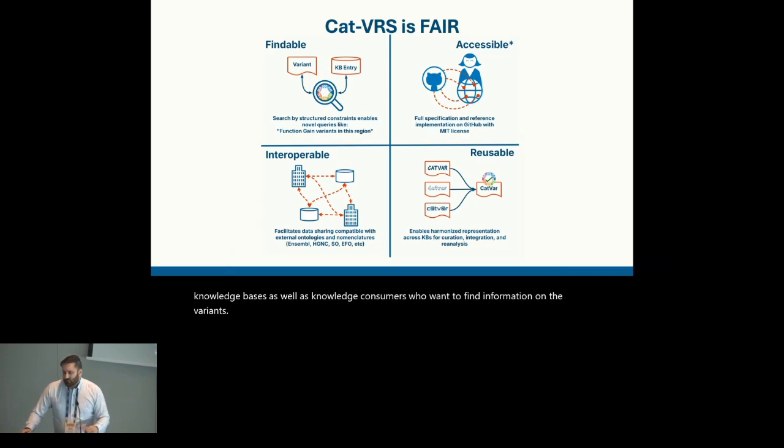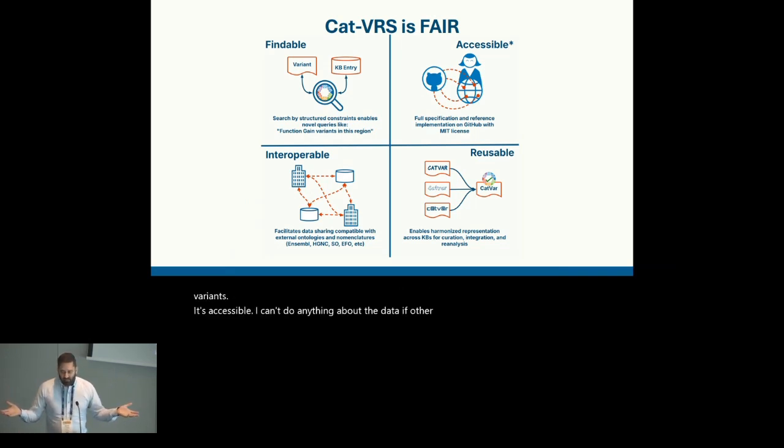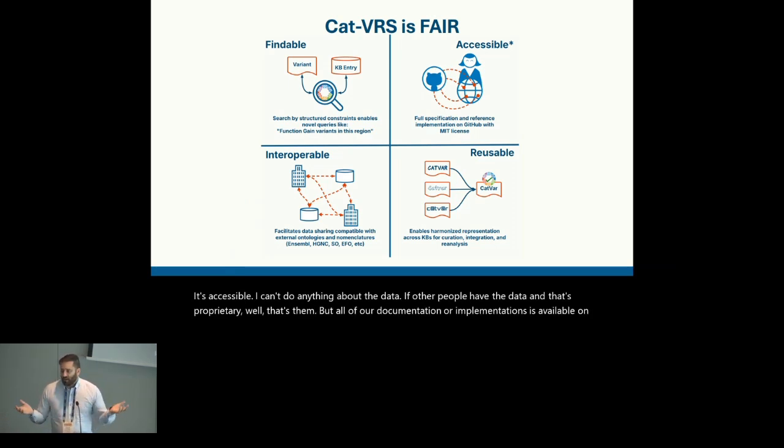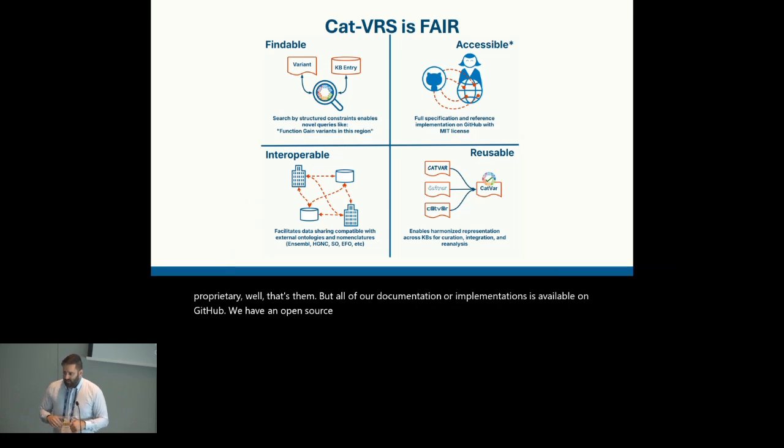It's accessible. I can't do anything about the data. If other people have the data and that's proprietary, well, that's them. But all of our documentation and implementations are available on GitHub. We have an open source MIT license on that. You can take it, you can fork it, you can do whatever you want. It's all on GitHub, and you can find it there.